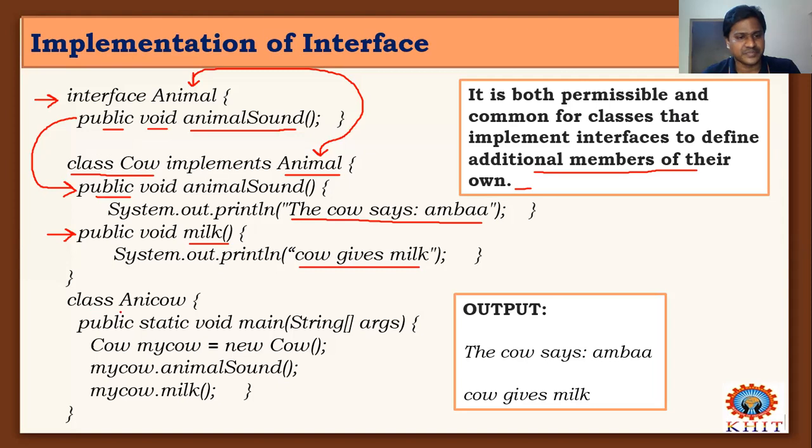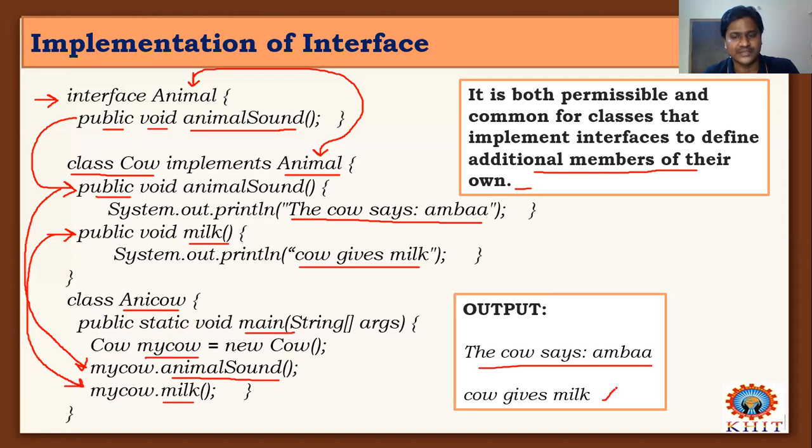Next, there is the AnimalCow main class with the main method. This creates one Cow object, myCow. So myCow.animalSound invokes the method from this class, and it displays on the screen: the cow says amba. Next, the milk method can be invoked by this object, which is valid, and it displays: cow gives milk.